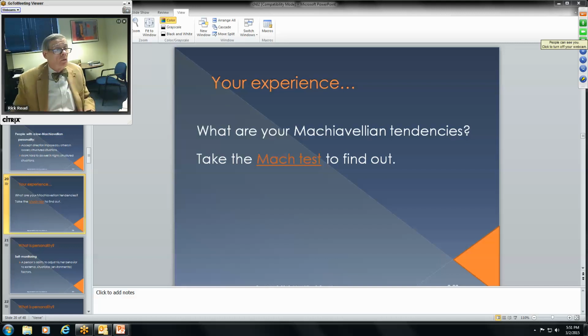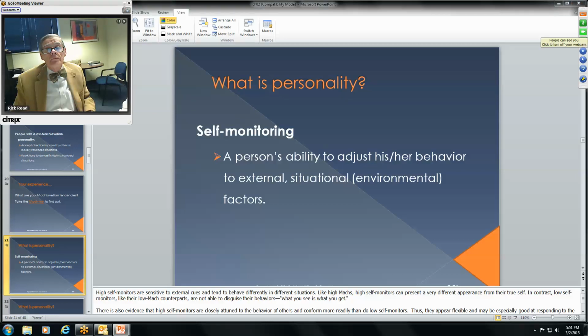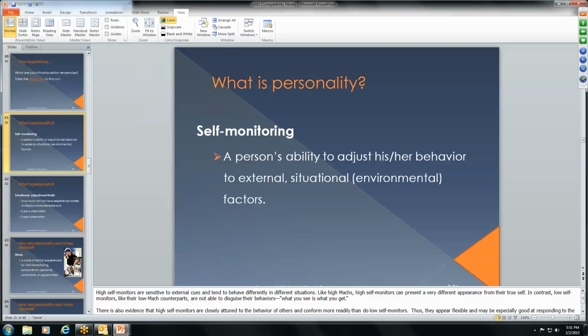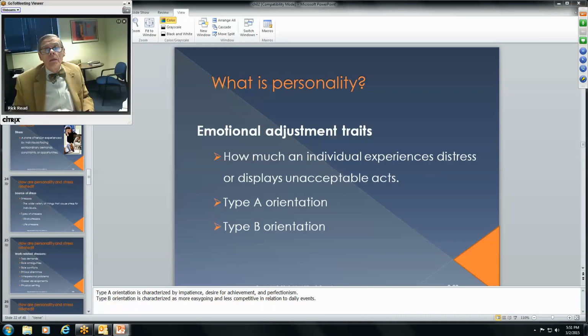Self-monitoring. Ability to adjust. It's also the ability of not going with the flow. Adjusting to externals, to the situation, environmental factors. This is something that's really kind of critical for all of us. And we have to be careful about our emotions.